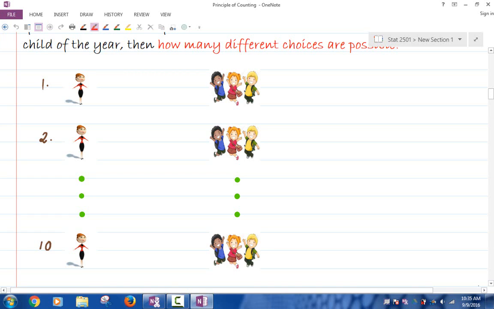So the question is, we are picking one woman and a child of hers to be the mother and child of the year, right? Mother and child of the year. And how many different choices are possible?